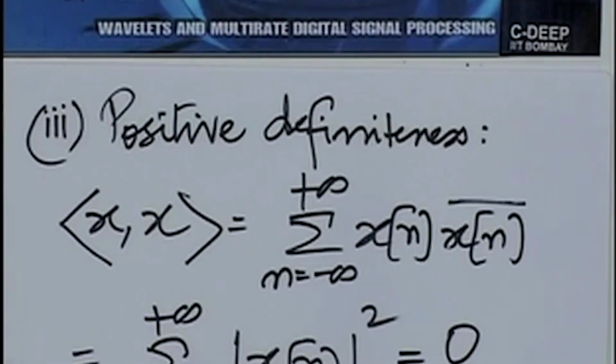Even if one of the coordinates is non-zero, that particular mod xn squared is going to be non-zero and it is going to contribute a positive term. And of course, it is very easy to see that each term for every n is strictly positive if xn is non-zero.